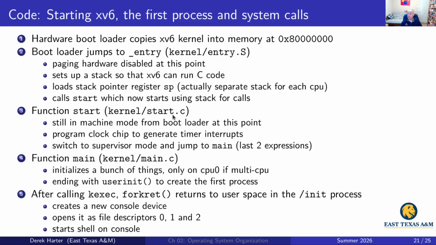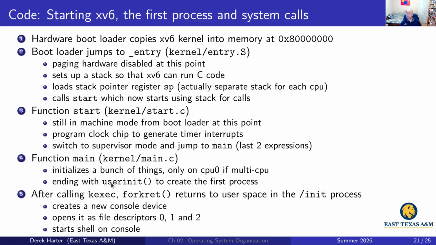Okay, so let's start. The hardware bootloader will be set up to copy the kernel into memory at a specified address. The kernel is copied into memory starting at this address here, hex 80000000.